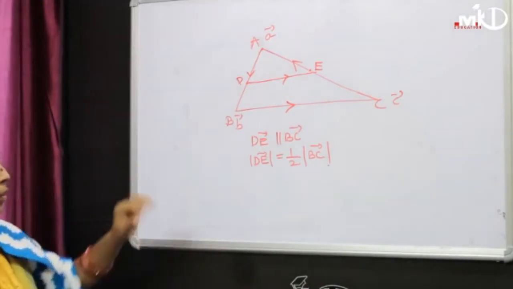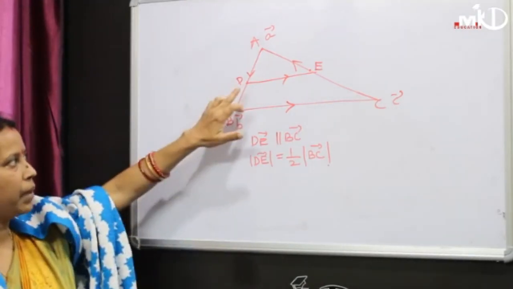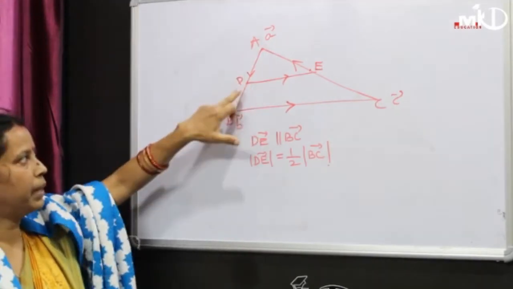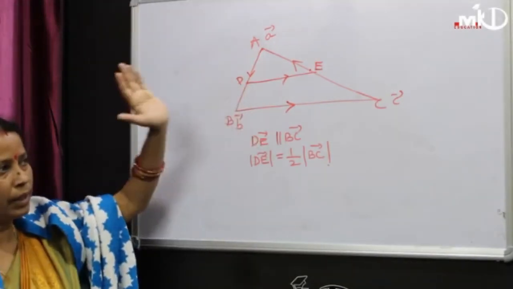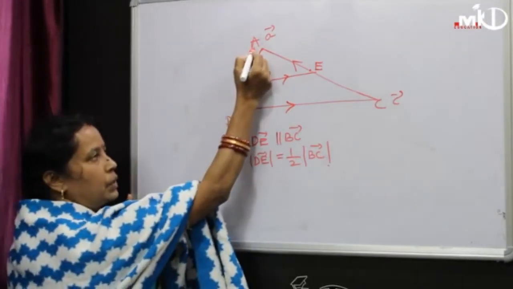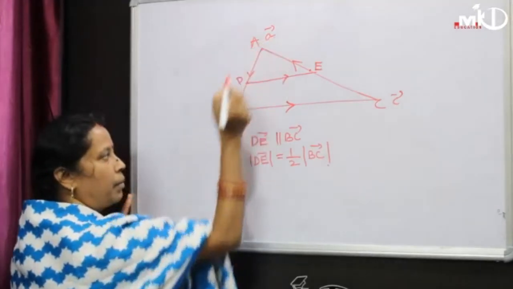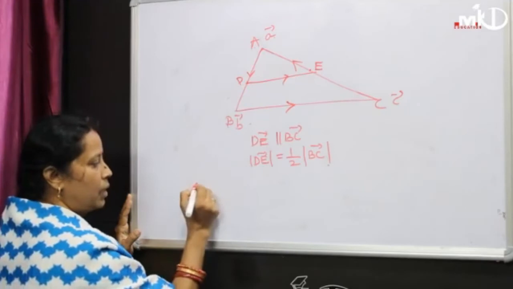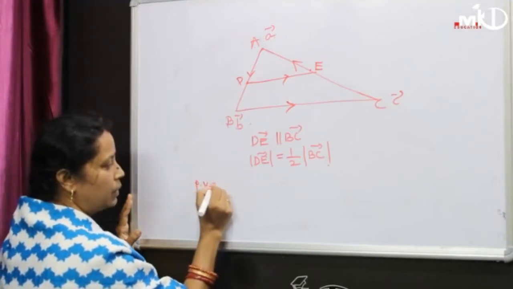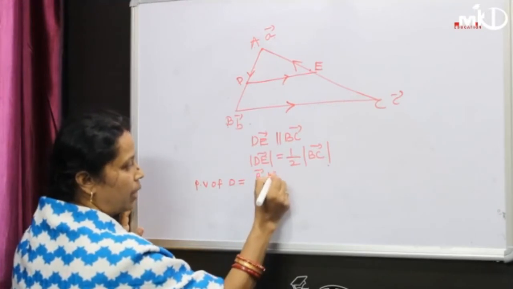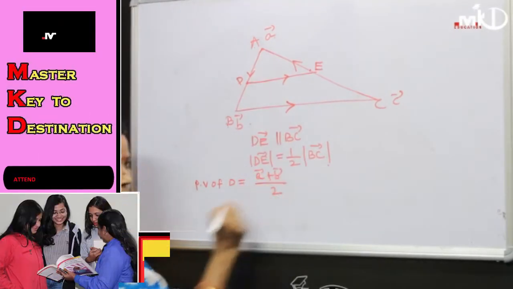Already we know the midpoint formula. Since the position vector of A is A bar and of B is B bar, and D is the midpoint, the position vector of D is equal to A bar plus B bar by 2.